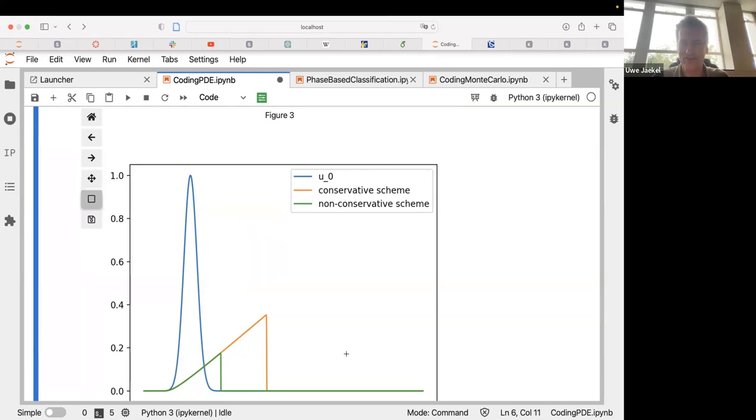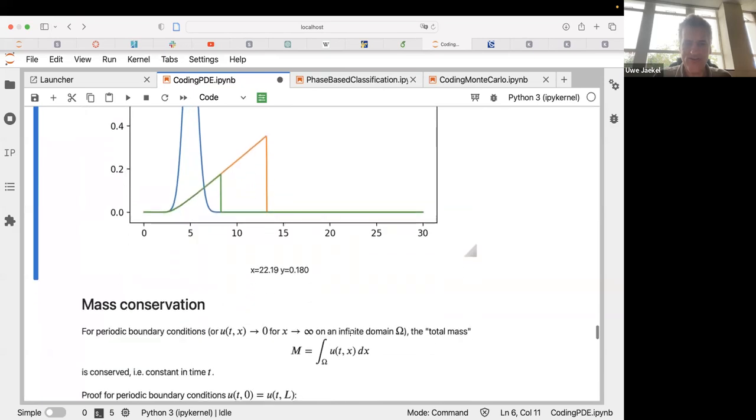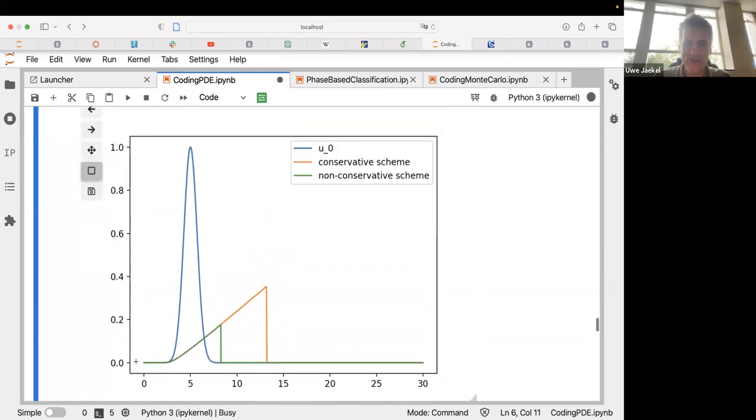No atom gets lost. And actually one can show that that means that the integral under these curves should be constant. And we see that this is clearly not the case for the green. So the area under the green curve is certainly smaller than the area under the blue curve. And the area under the orange curve, that might be the same as the area under the blue curve.